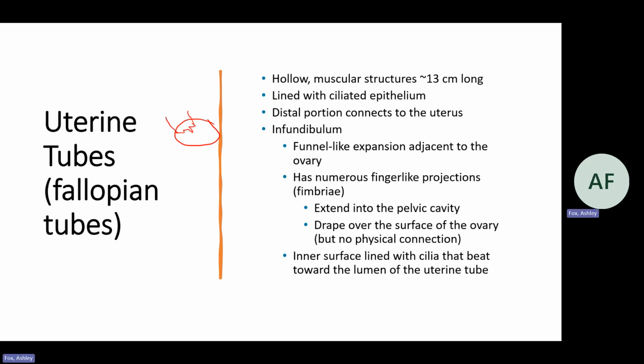The finger-like projections that drape over the ovary and catch the secondary oocyte after it's been ovulated is called the fimbriae. So those are little fingers. They're not directly connected to the ovary. They just kind of drape on top of it so that we can catch the secondary oocyte after it's been ovulated. All of this is going to have cilia, again, because it's going to help the movement of the secondary oocyte to go towards the uterine cavity.